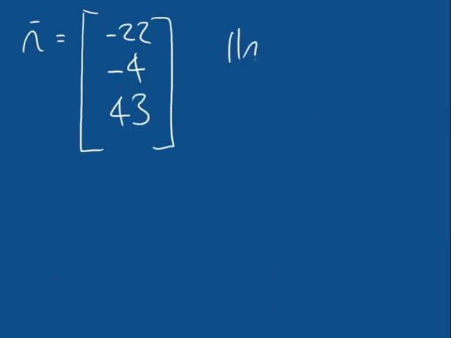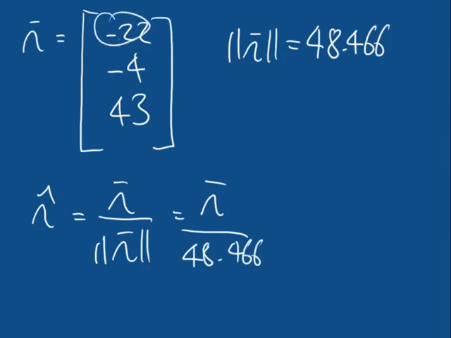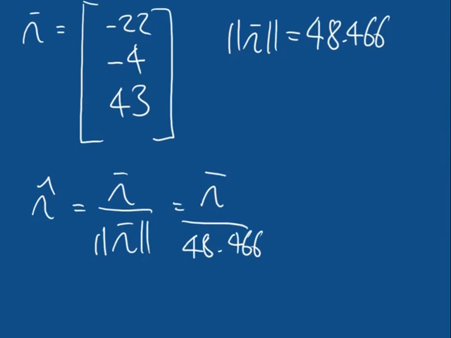And we know that the length of n was equal to 48.466 units. So what I want to do is find our unit vector n. It's equal to n divided by the length of n, which is equal to n divided by 48.466. I'm going to take each of these components and divide it by 48.466.